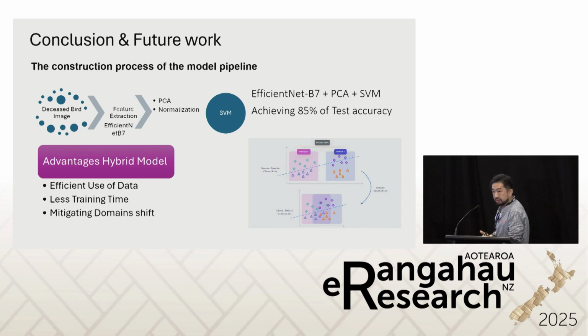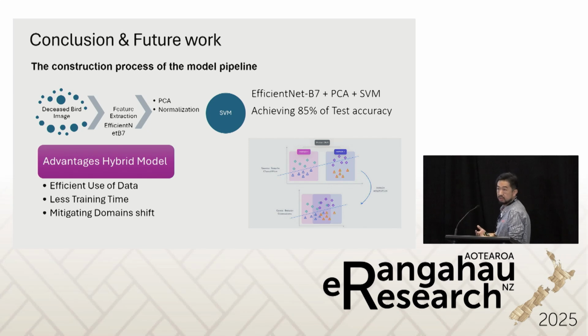So in conclusion, we implemented a pipeline framework that integrates transfer learning and traditional machine learning techniques to address domain shift issues in a limited data set. What's great about this model is that it takes the strengths of both approaches.